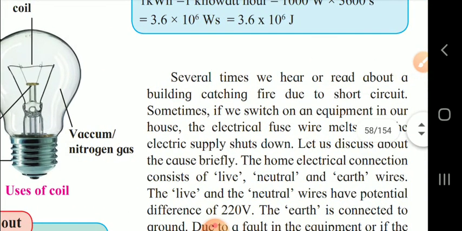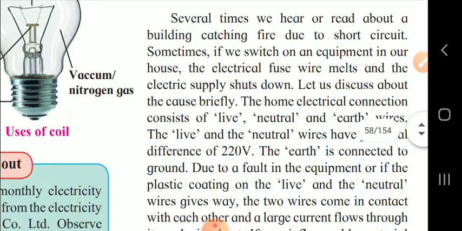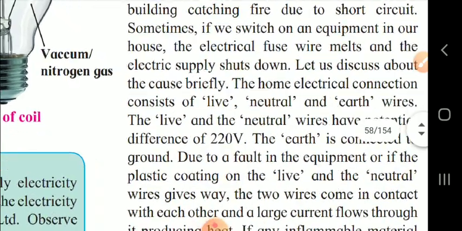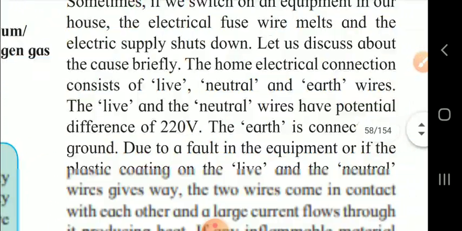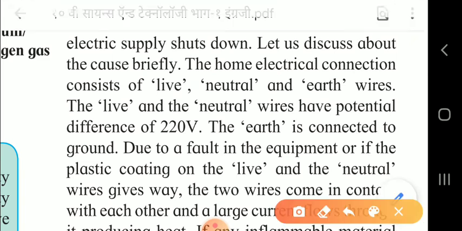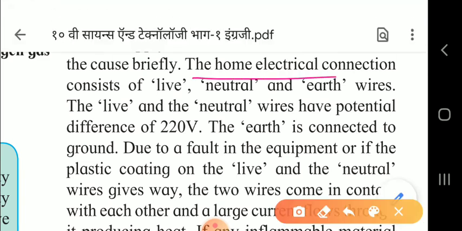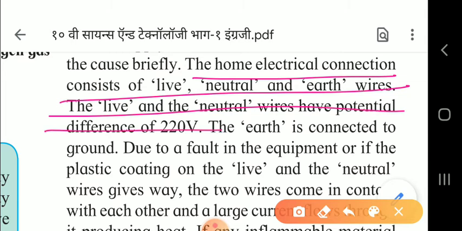This is an important point. The earth is connected to the ground.